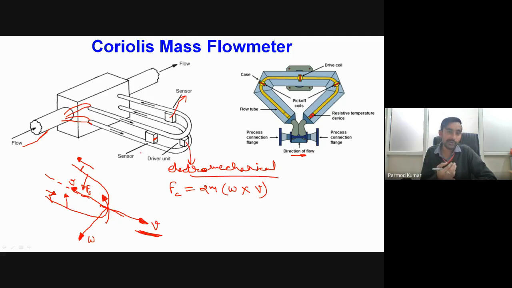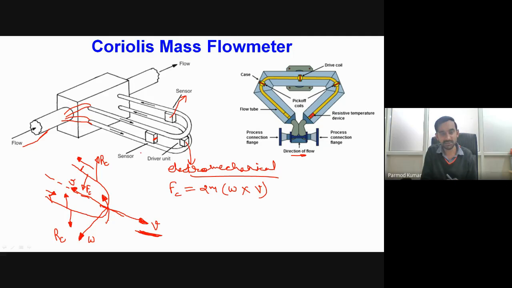Now, if you try to take the reaction force which is acting on the tube material, you will find that on this tube material, which is on the right hand side, your reaction force will be in the vertical upward direction, and for this particular left portion of the tube, you will have reaction force in downward direction. Okay, so what is basically happening?